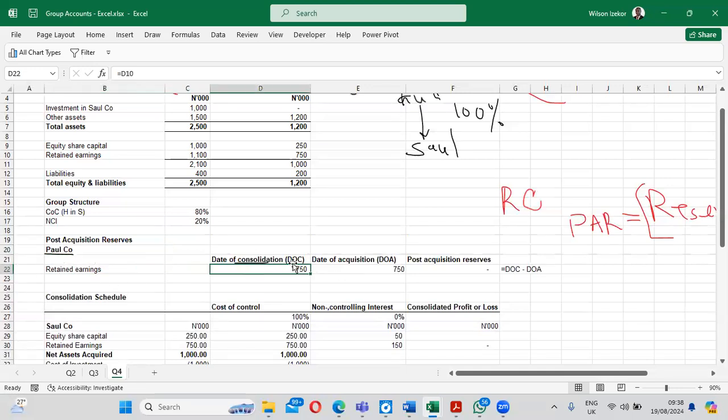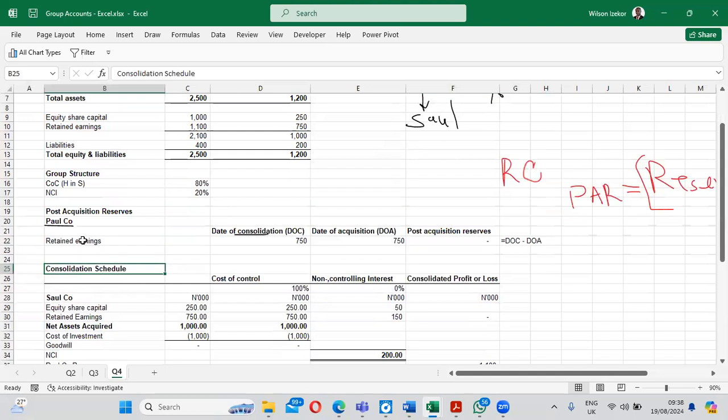Now, in this case, we are told that the acquisition is still at the same date as the date of consolidation. So there is no post-acquisition reserve, and it still remains zero. So the calculation we have done here is still valid. That's why this is zero.